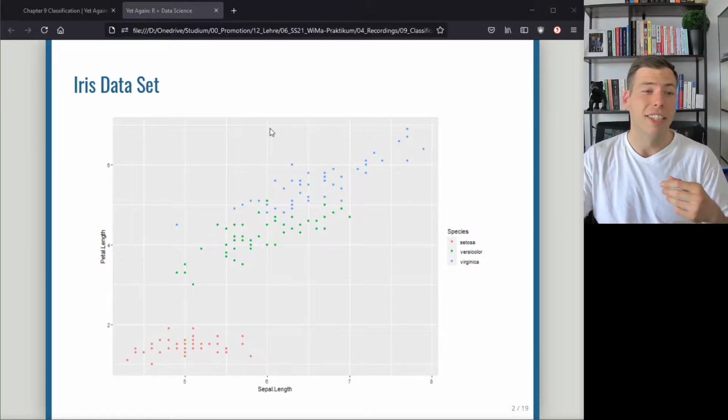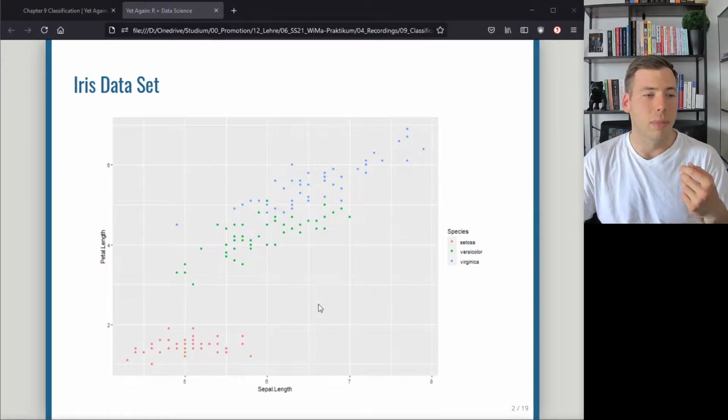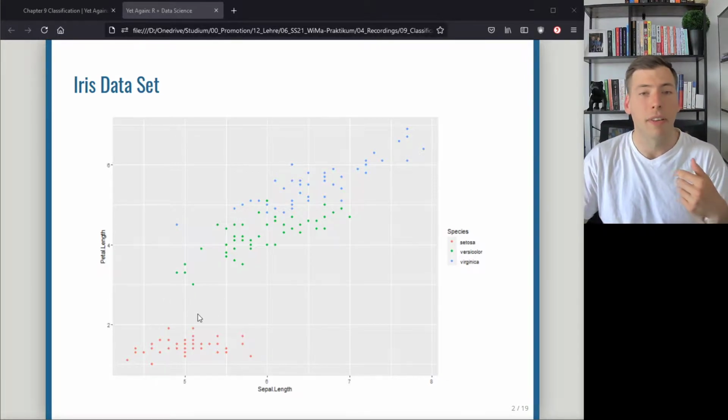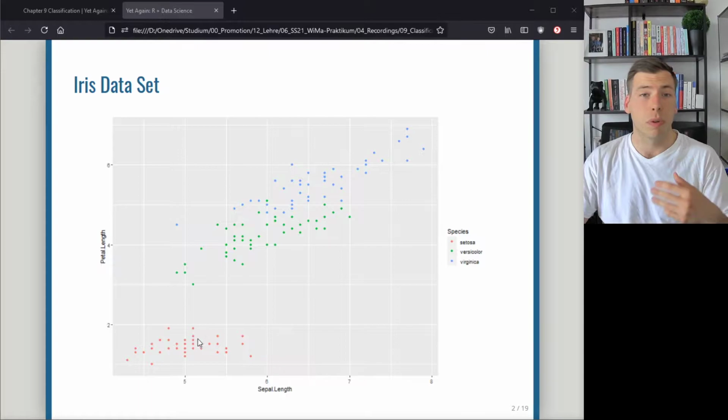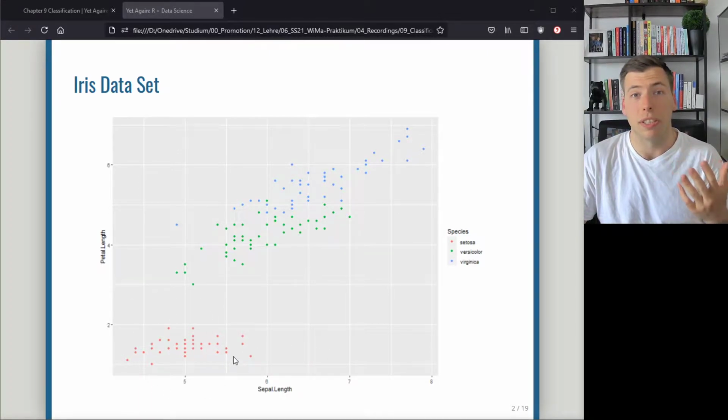In any case, here we see different measurements of their sepals or their petals. For instance, we could see here that if the petal length that was measured is less than, say, 2.5, then we can be pretty sure that we're dealing with a flower of species iris setosa, because basically we only see these measurements in that species.